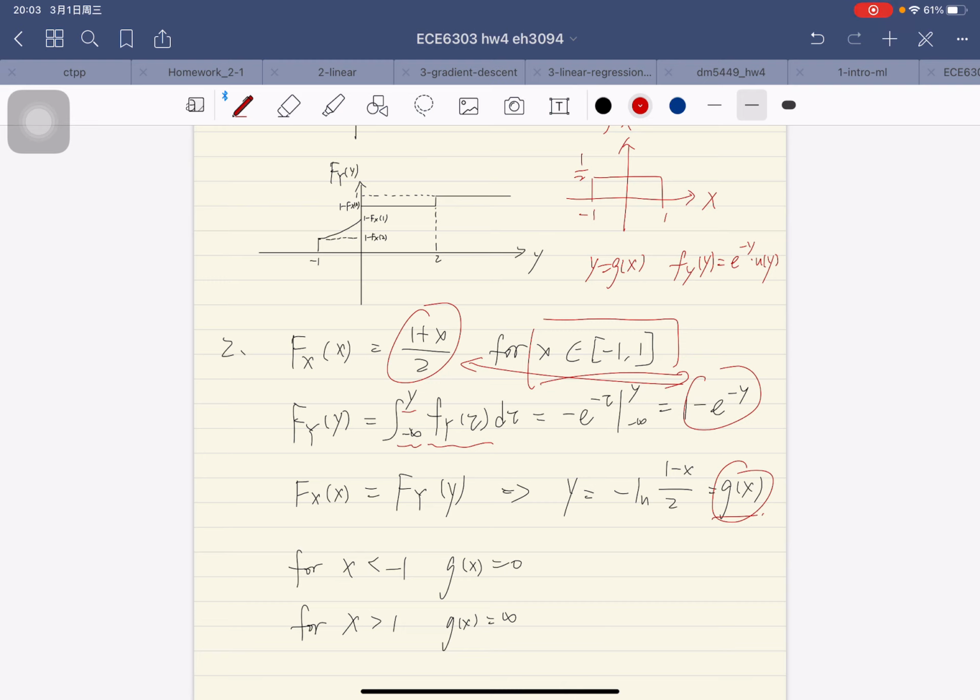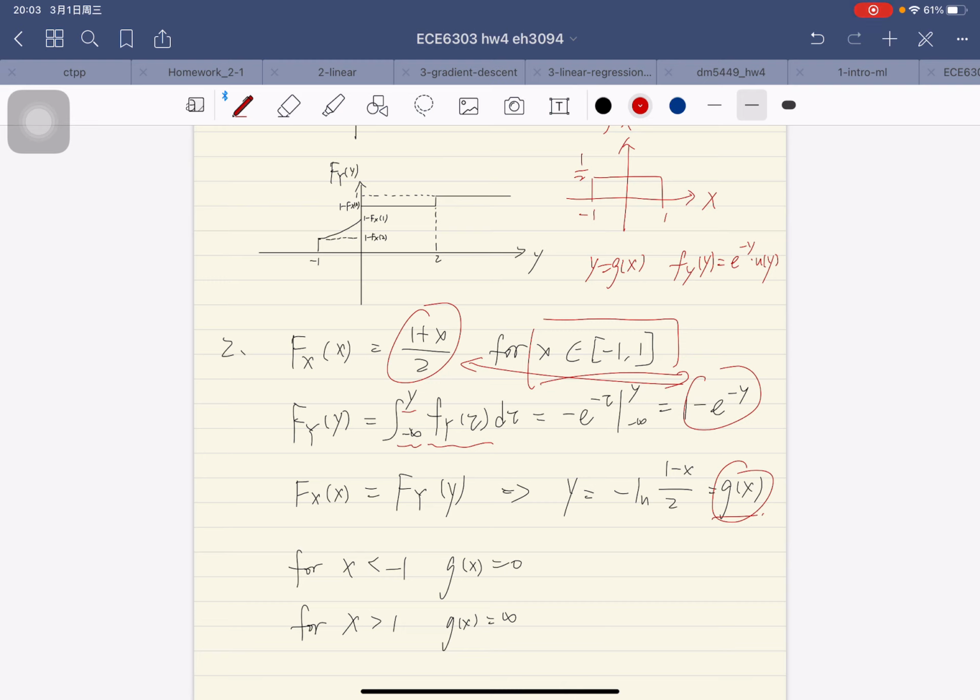We know that when x is less than -1, big F_X equals 0, which means the small f_Y(y) should also be 0. So how can the g function turn all the x less than -1 to 0? It is just a constant 0.